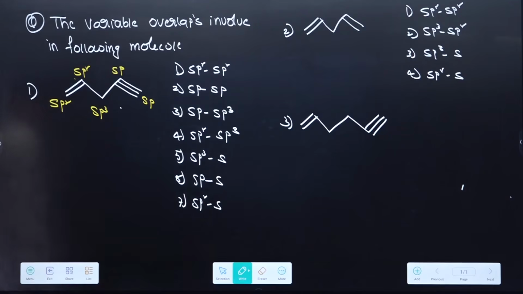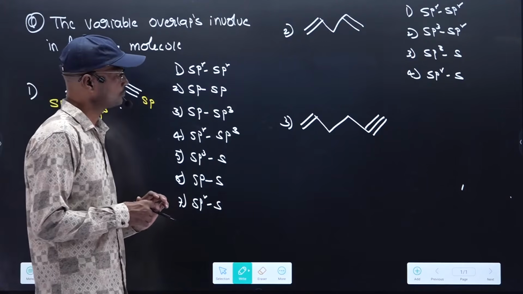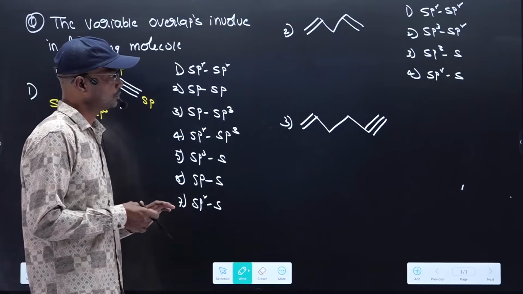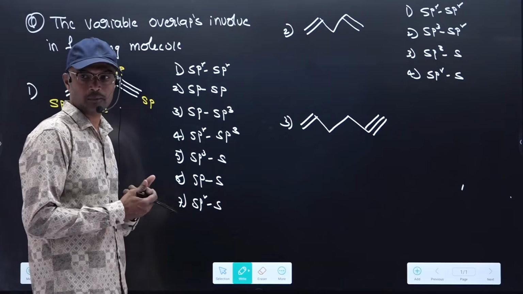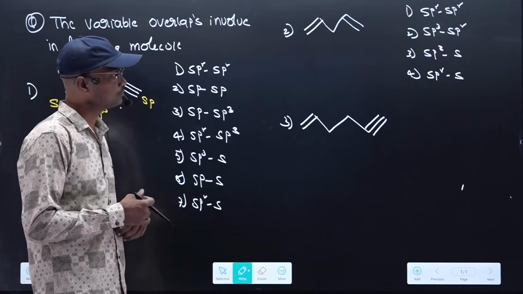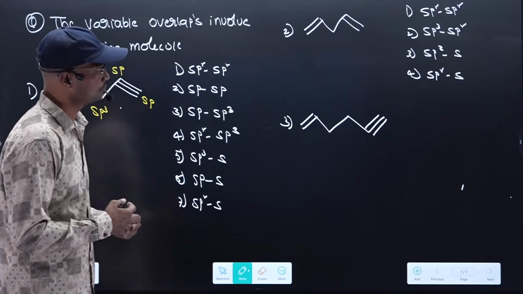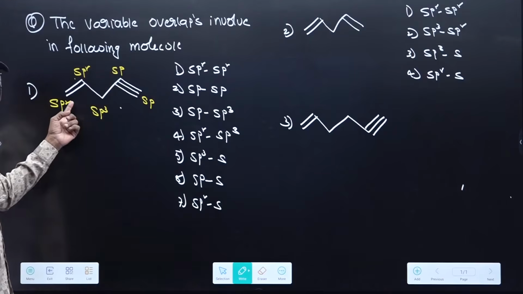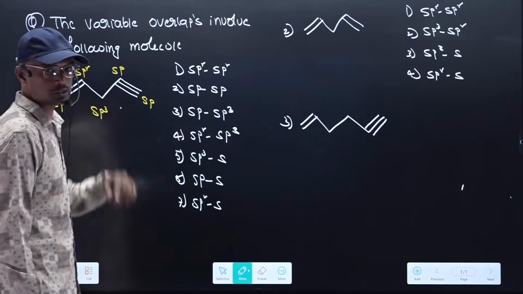Only carbon-carbon or total overlaps you are saying? Total I am asking. Total variable overlaps. In this how many you are getting? You will get more than 7.